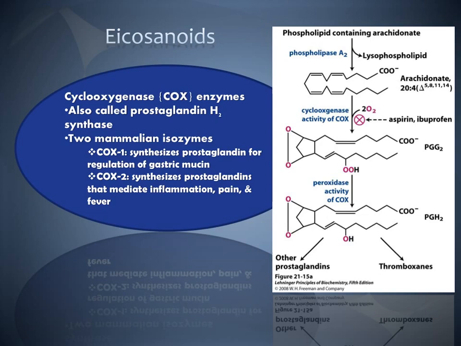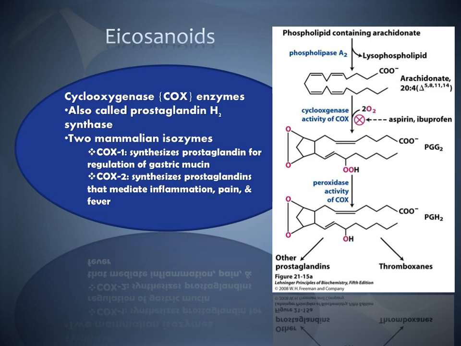Then what happens is we have these COX enzymes, which are cyclooxygenase enzymes. If we notice here, we take arachidonate, we add in the O2. So is this cyclooxygenase going to be a monooxygenase or a dioxygenase?